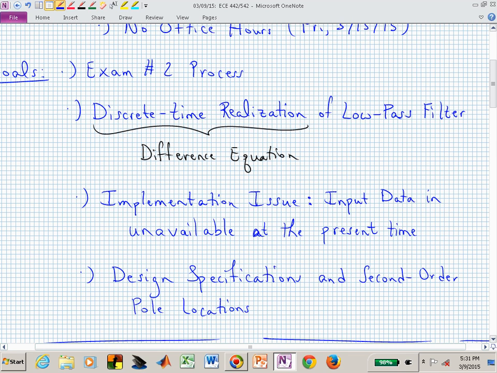Today what I want to do is quickly talk about the process for exam number 2. It's consistent with the previous exam, and we will then get into how we realize a difference equation or a discrete time realization of a low-pass filter based on the pole zero matching approach. And we will try to illustrate why MATLAB might be giving you something different from what you did in your derivation when you do the matching technique.